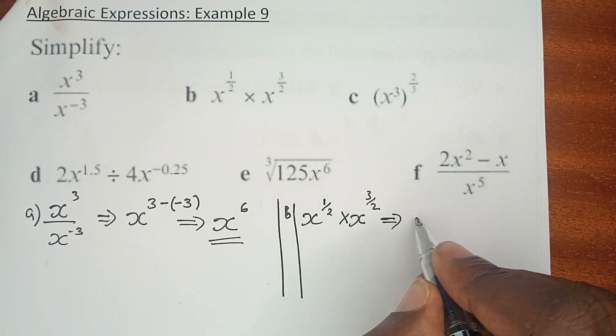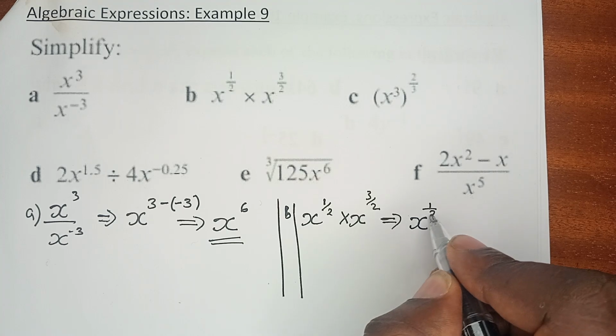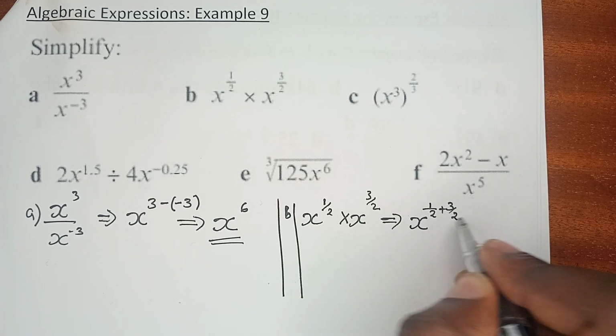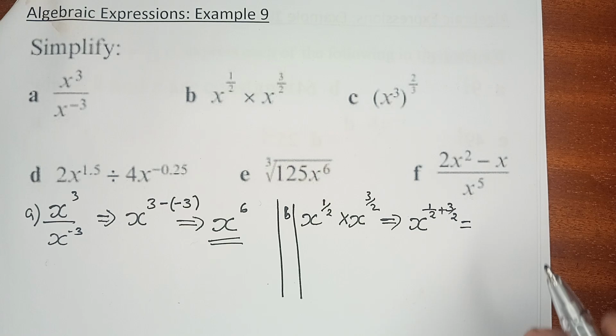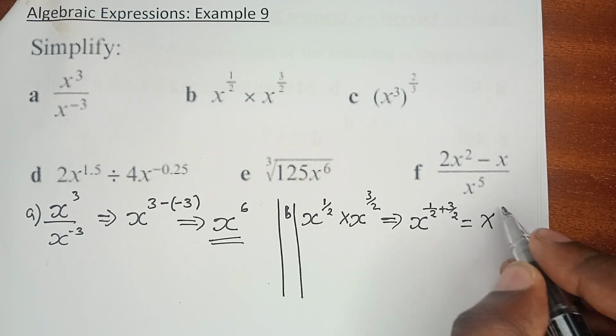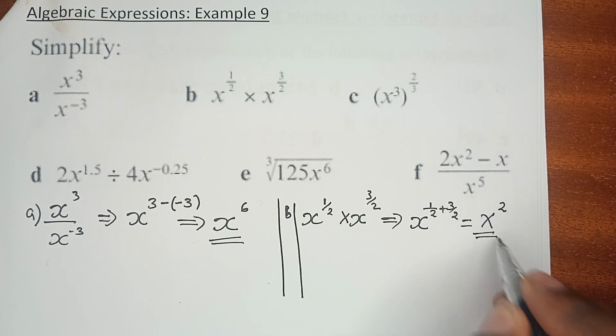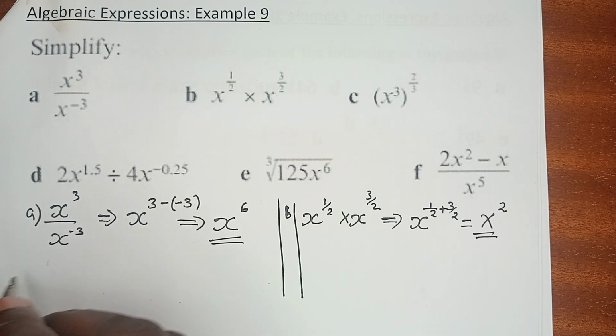In this case, we are talking about x raised to power a half plus 3 over 2, meaning a half plus 1.5 is 2, and therefore x raised to power 2, and that is the answer.